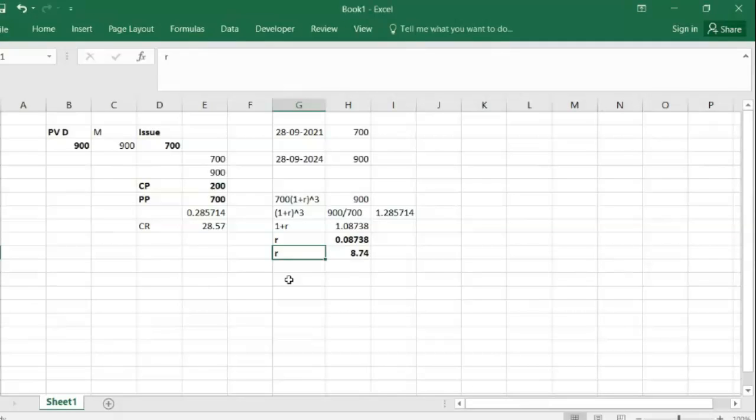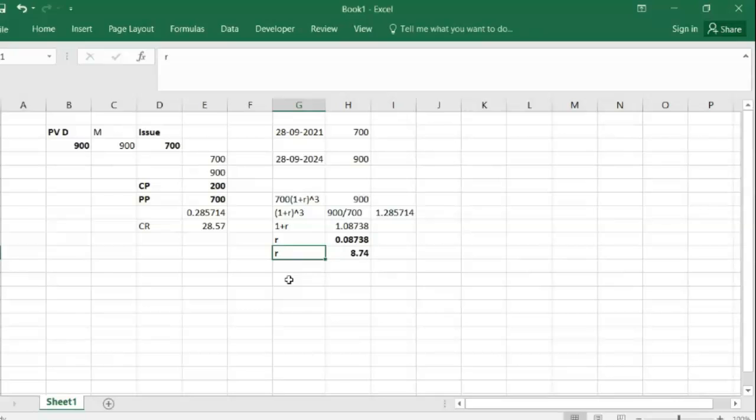Principal amount: we know what amount we have paid for investing in the particular bond. I have paid 700 rupees. So 700 times 1 plus R, I don't know R, so I'm going to derive the value of R, with n equal to 3, because I made the investment on 28th of September 2021 and will get the maturity benefit on 28th of September 2024, 3 years.